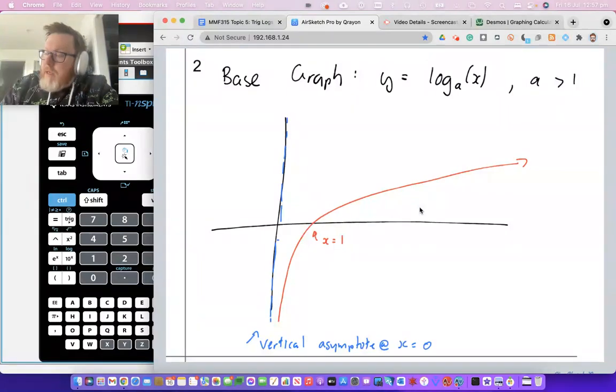The other point I just wanted to make is maybe pause the video and think about it. Where is a? So a is greater than 1, so a is along here. Where's log base a of a going to be?